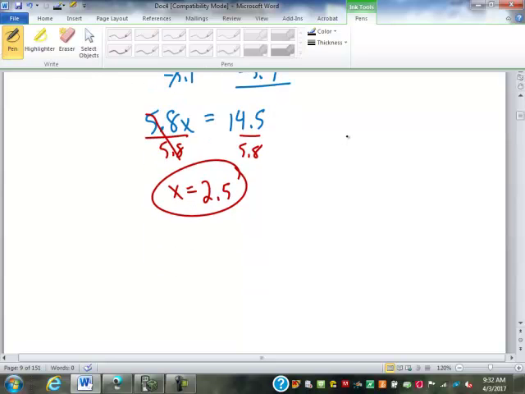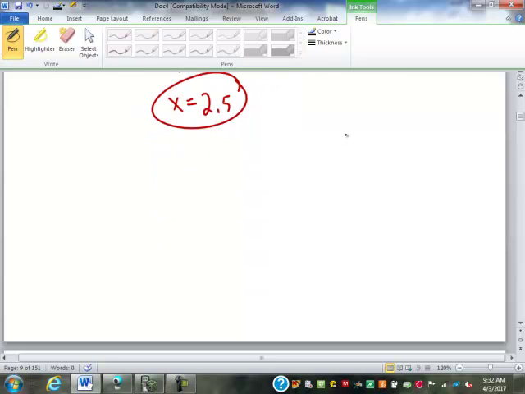Well, we can make them a little bit more complicated than that. We can have 1.3x minus 7.4 plus 2.3x equals, oh, let's do 5.2.